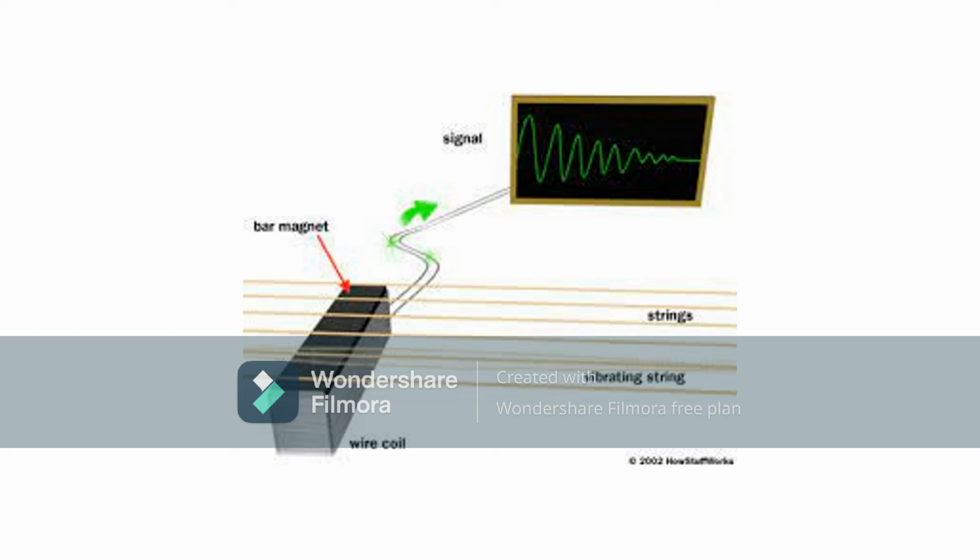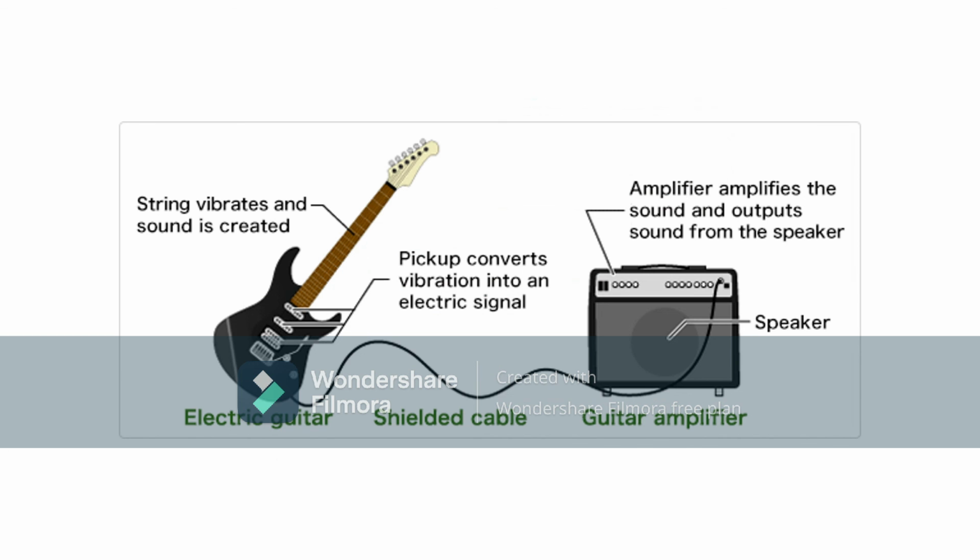When the string is plucked, the string vibrates and is magnetized by the magnetic field. The vibration changes the magnetic field around the magnet. When the magnetic field is changing, it produces an electric current. Then the electric current goes through the coil and into the wire.